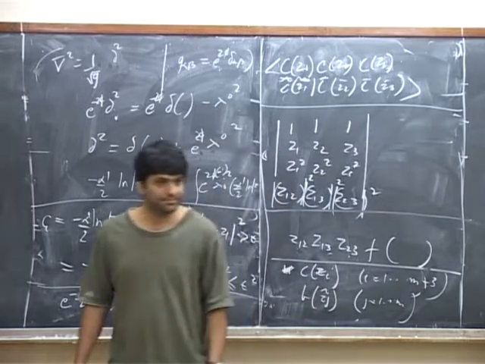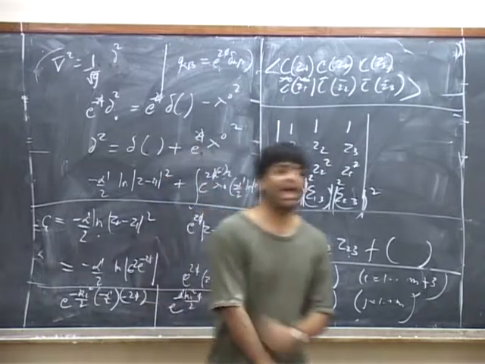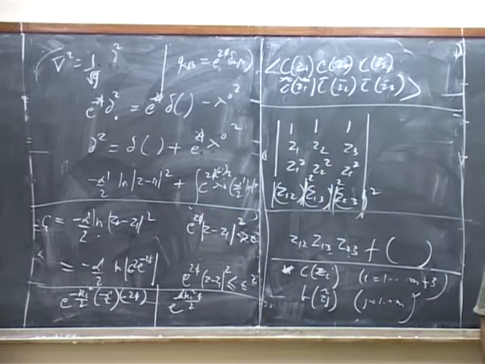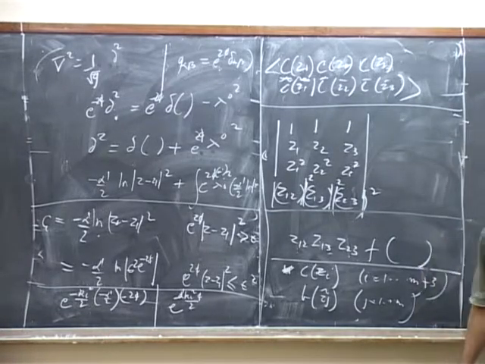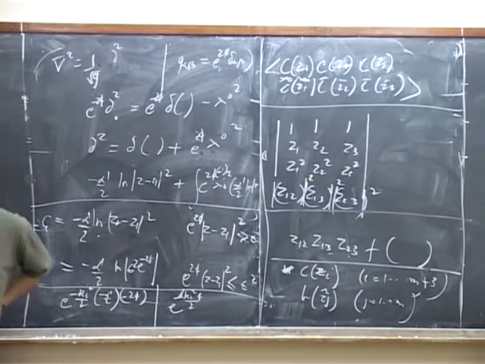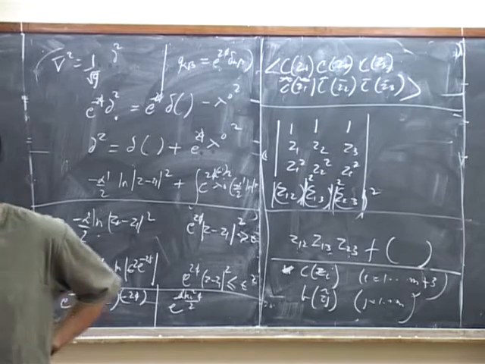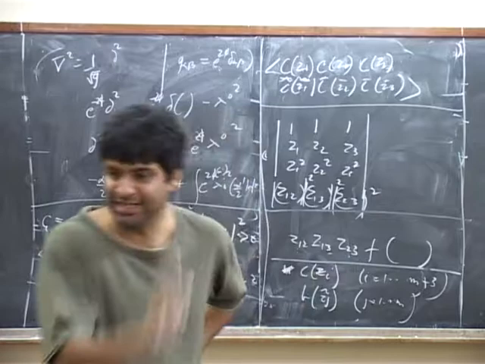Now let's look at the b's. Remember firstly that b had weight plus 2. It must vanish twice as fast as something that has weight plus 1, so it must vanish like 1 over z to the 4 at infinity.